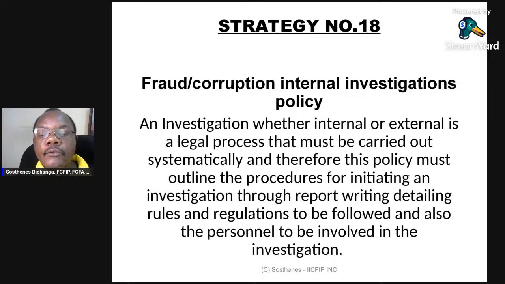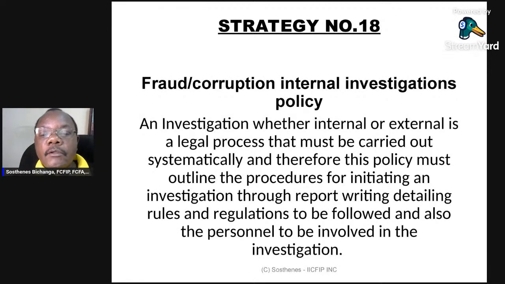An investigation, whether internal or external, is a legal process that must be carried out systematically, and therefore, this policy must outline the procedures for initiating an investigation through report writing, detailing rules and regulations to be followed, and also the personnel to be involved in the investigation.